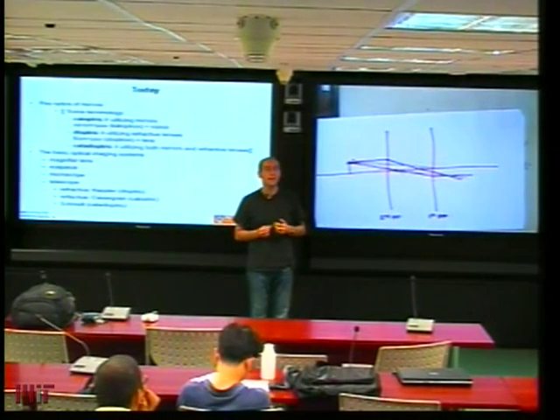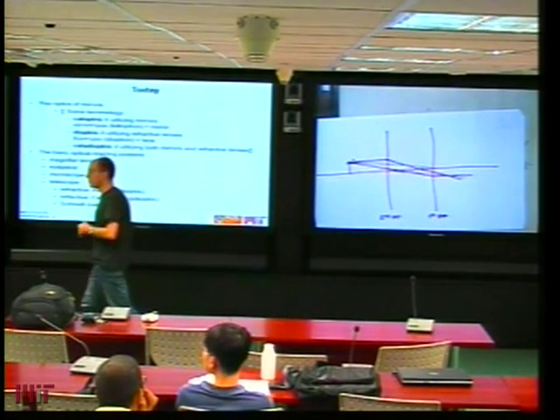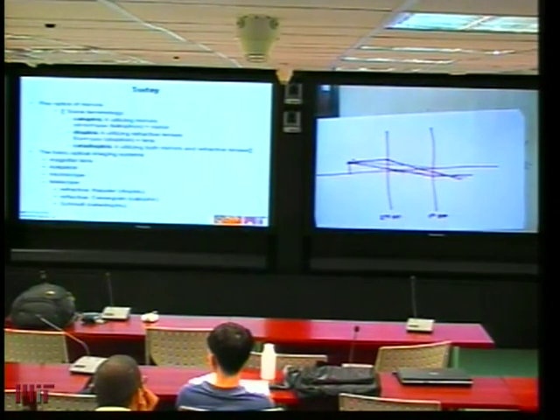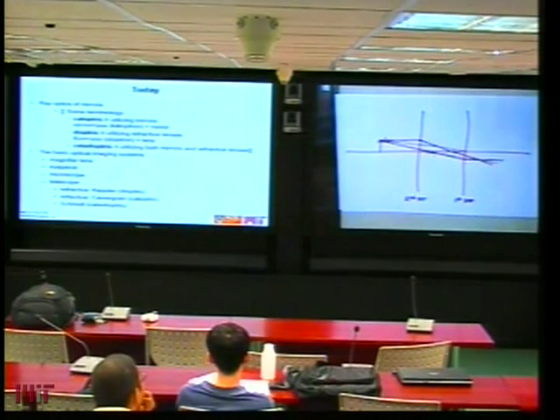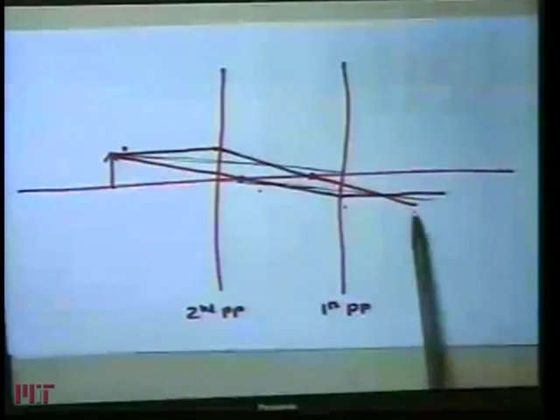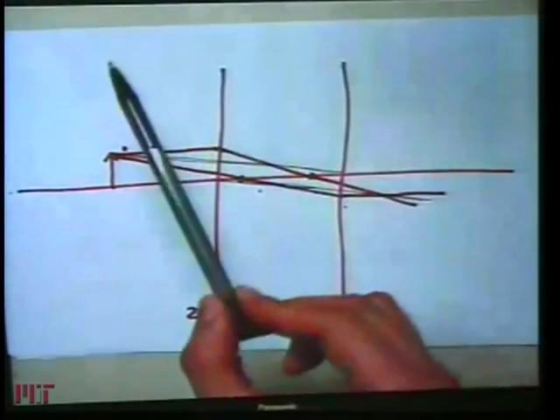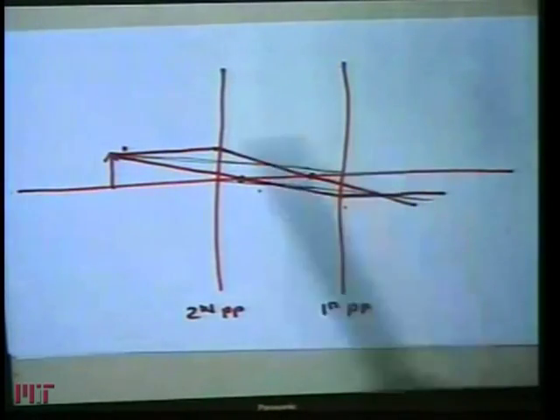Okay, where is Lei? This is the answer to your question. While you guys took a break, I drew again a careful diagram with the ray that you asked. So now you see, the red rays are the ray traces for the case where the lens is positive, but the second principal plane is to the left.